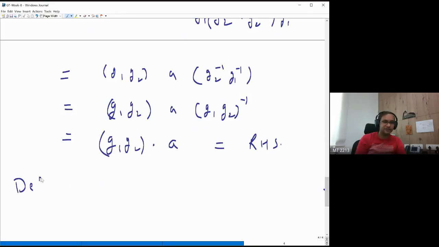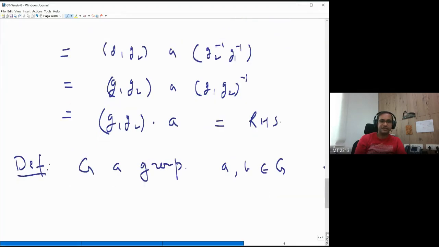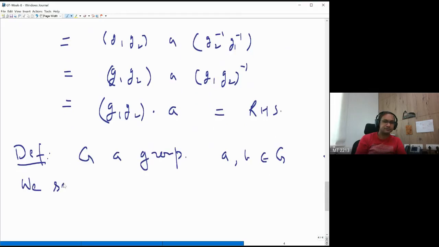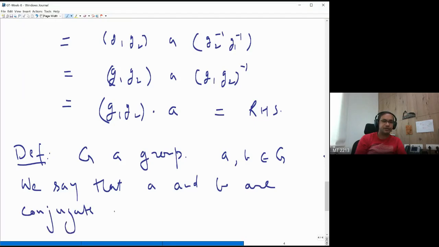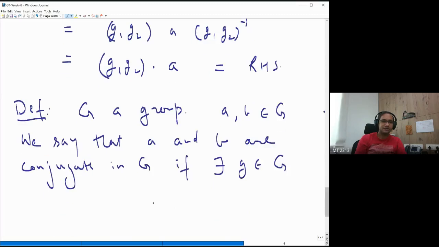Let's just write down this as a definition. So G is a group. Suppose I have two elements a and b in G. We say that a and b are conjugate in G if there exists some element g in G such that g a g inverse is b.